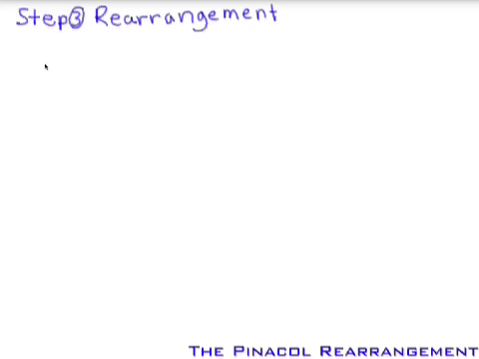So here we are. We have a C with a positive. Off of that C is a CH3. We have a C with an OH.